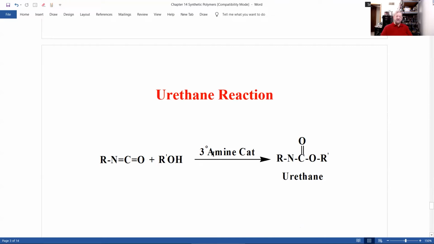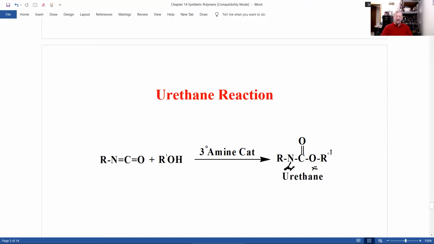You need a tertiary amine catalyst. And a hydrogen fell off. And this is called the urethane functional group. And these are very unreactive, therefore they're very stable.